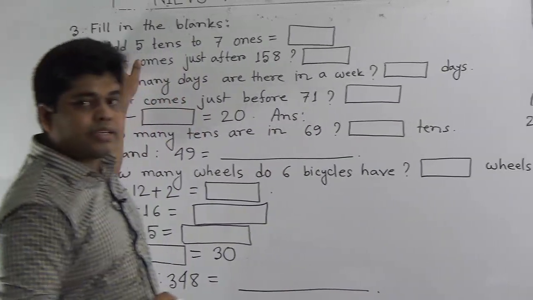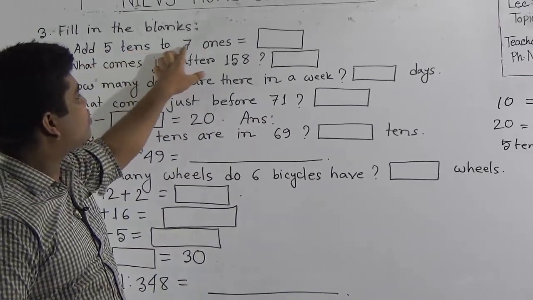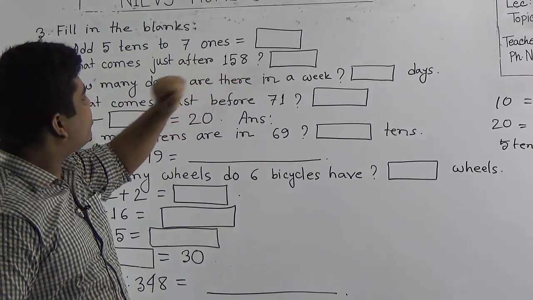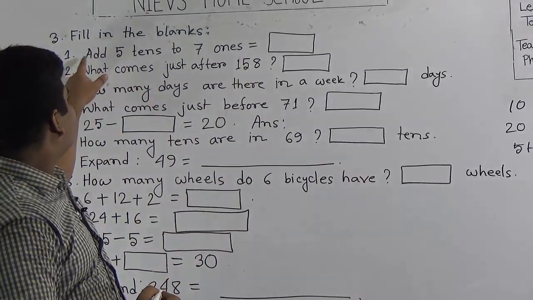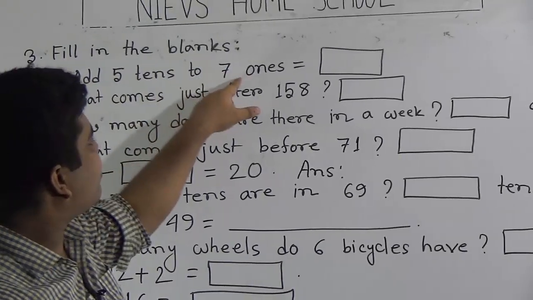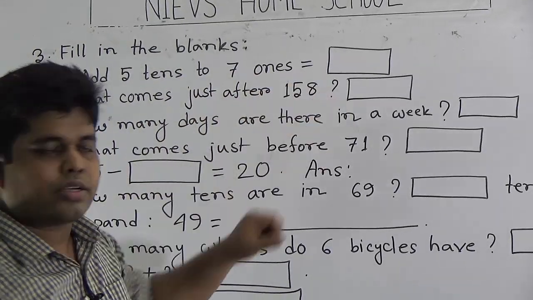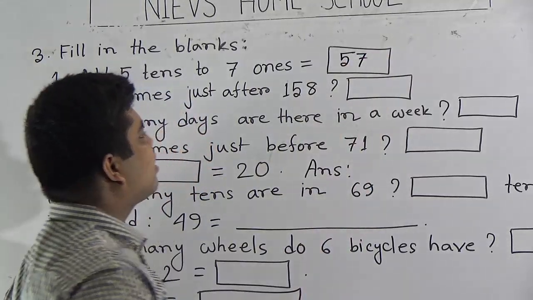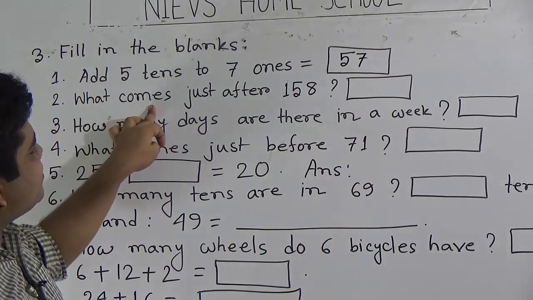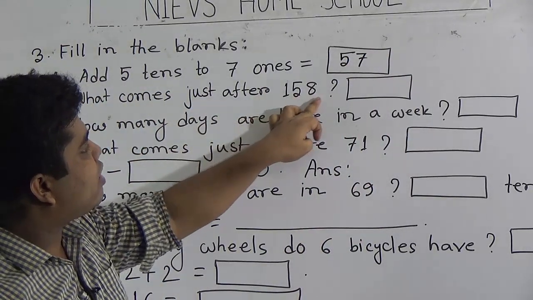If we add 5 tens to 7 ones, then we shall get 57. I hope you understand. Add 5 tens to 7 ones equal to what? The answer will be 57.